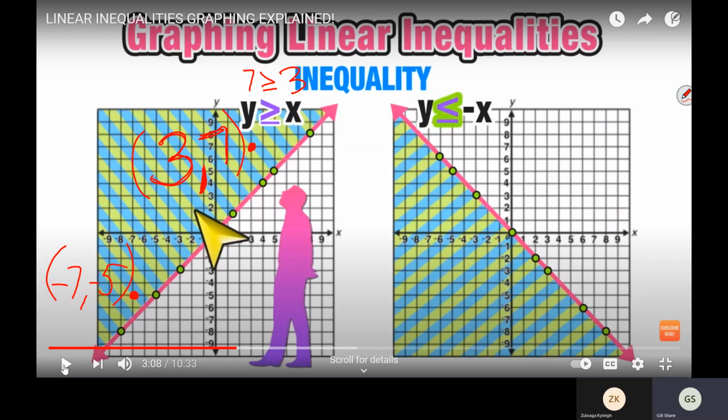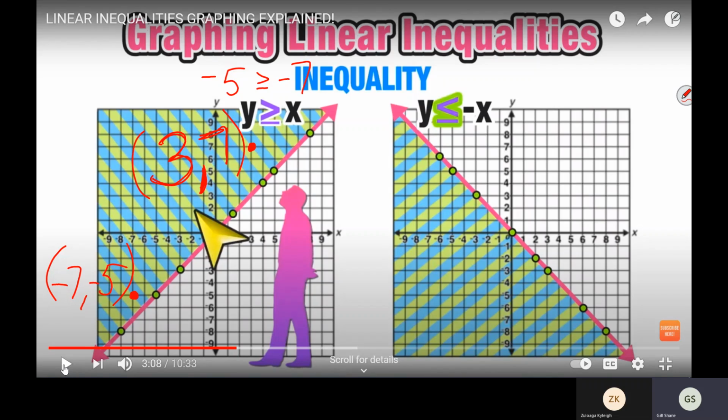Well, now let's plug them back in and make sure it makes that equation true. So my y value is what? Joe, what's my y value for this new point I'm testing down here? -5 is my y. And that's got to be greater than or equal to my x, which is what? -7.